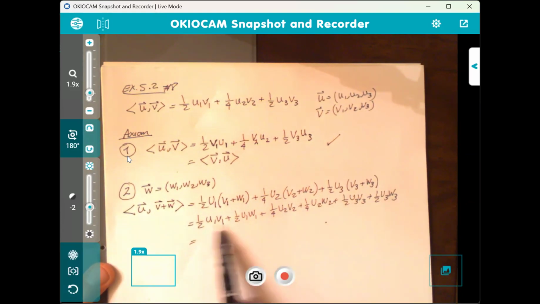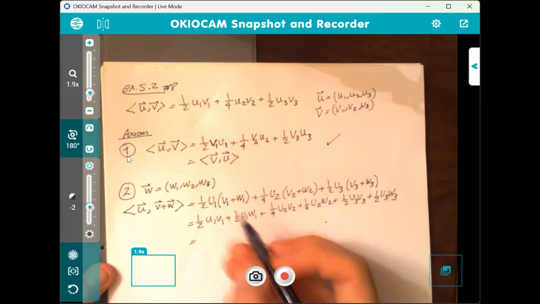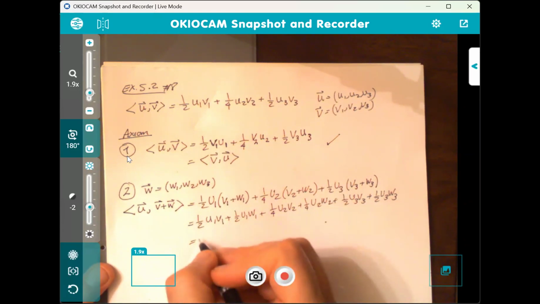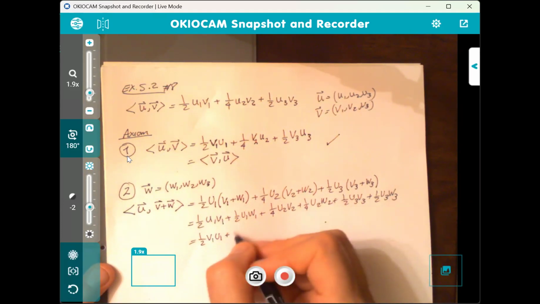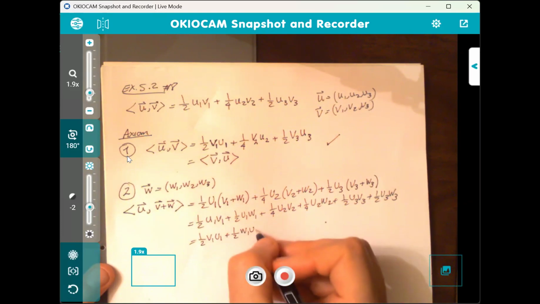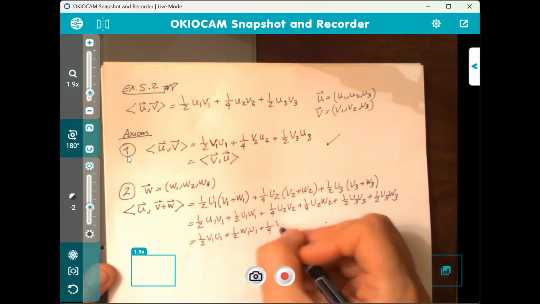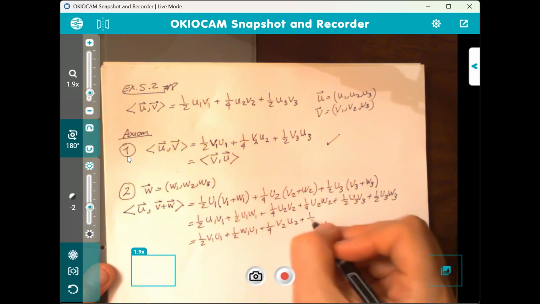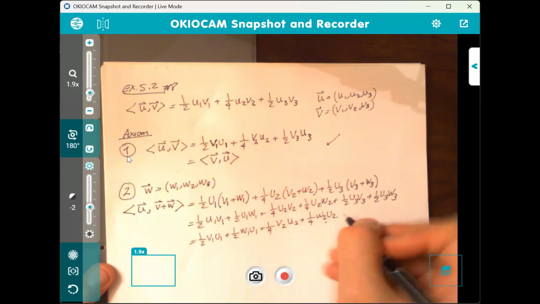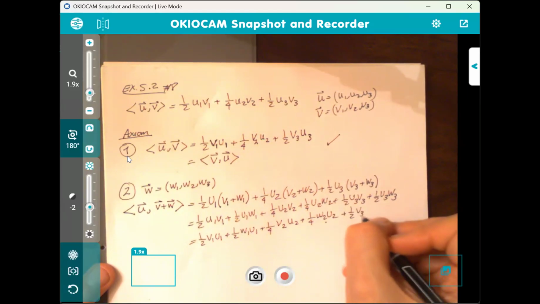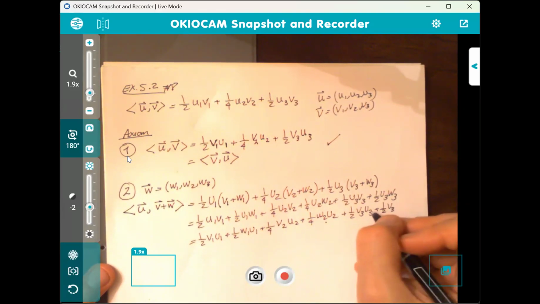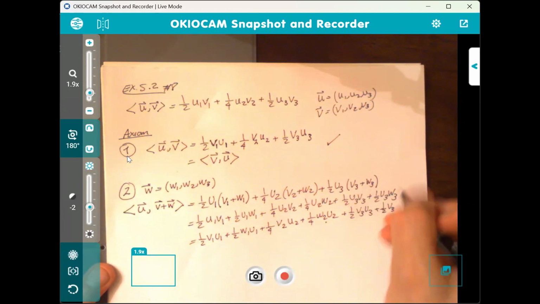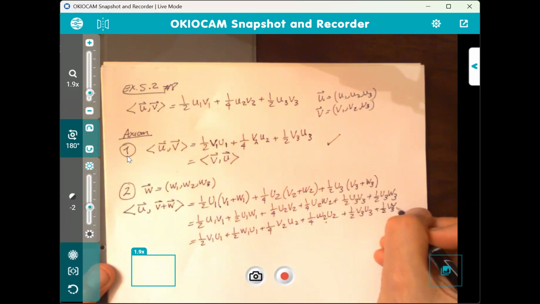Now, within each of these products, just like I did up here, u1 v1, v1 u1 is the same thing. So just swap those. u1 w1, swap that. 1/4 v2 u2, 1/4 w2 u2, 1/2 v3 u3, 1/2 w3 u3.